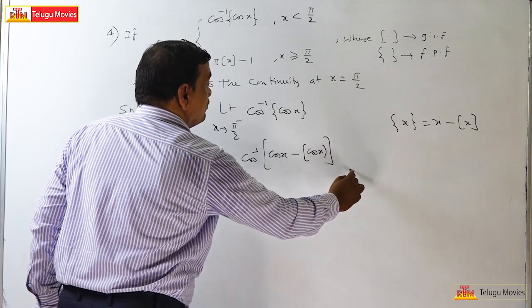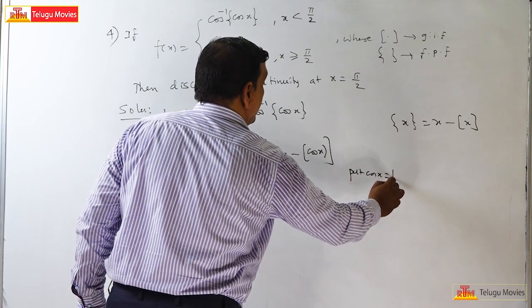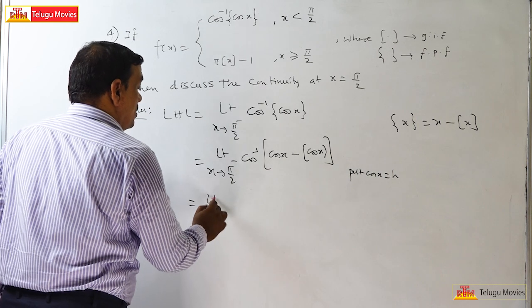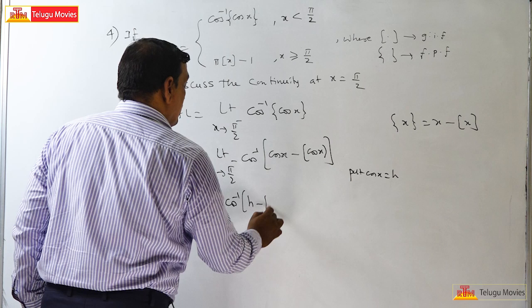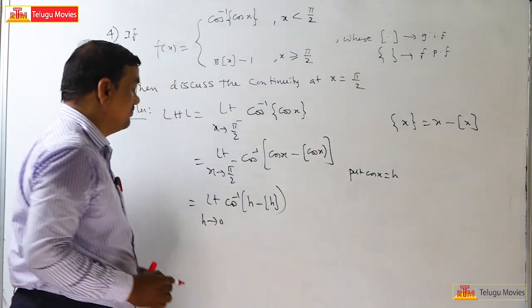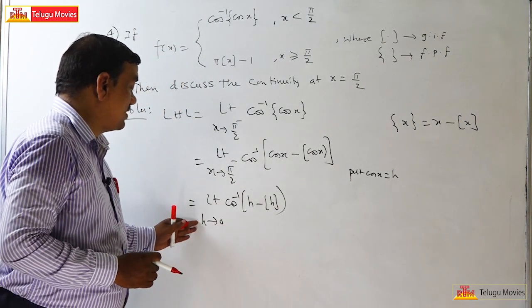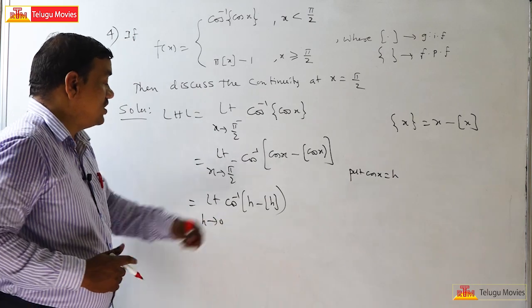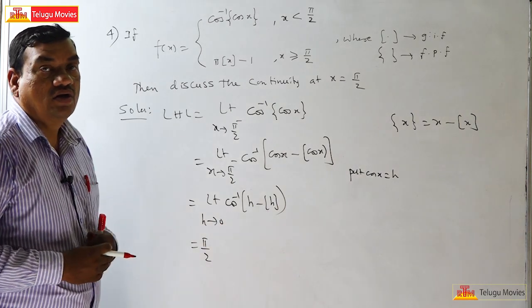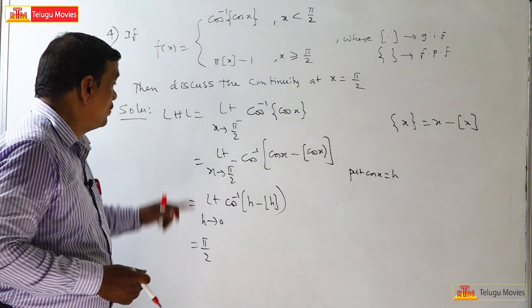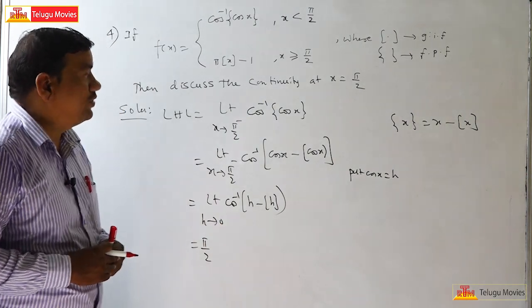Now let us put cos x is equal to h. So limit h tends to 0, cos inverse of h minus the greatest integer of h. Substitute h is equal to 0: cos inverse of 0 means pi by 2. So the left hand side limit is equal to pi by 2.